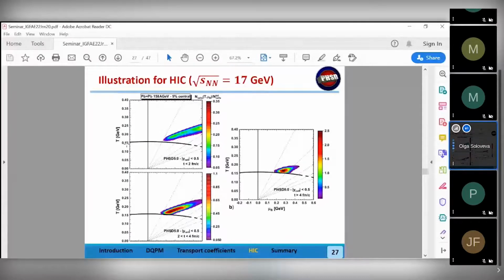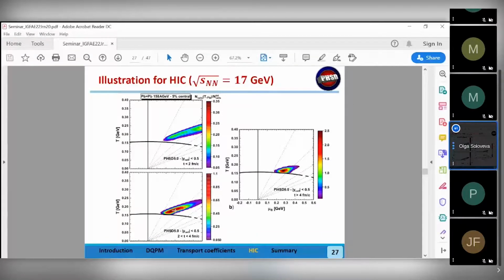At early times, the μB can reach 0.6 GeV, while already for times in the interval from 2 to 4 fm/c, the maximum has dropped to an average temperature of 0.18 GeV, so it's somewhere here.